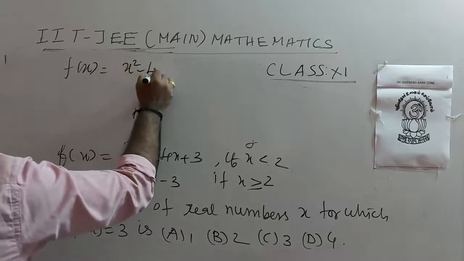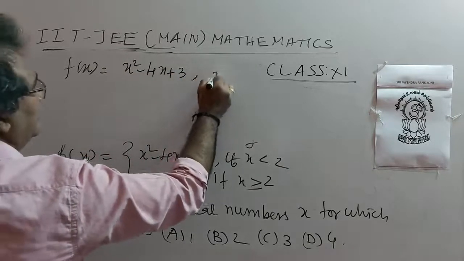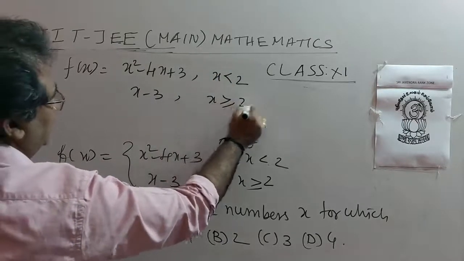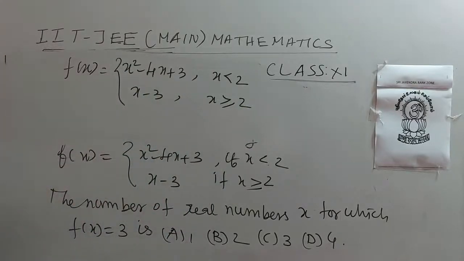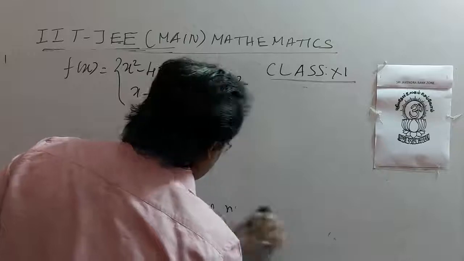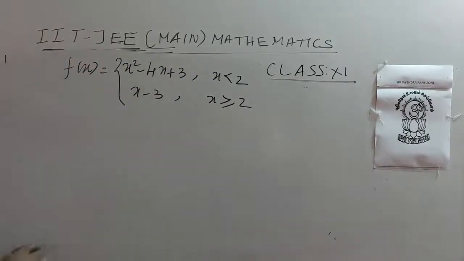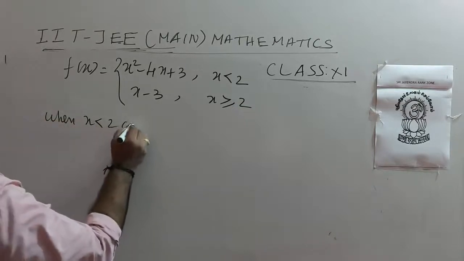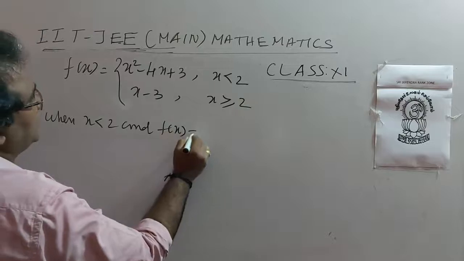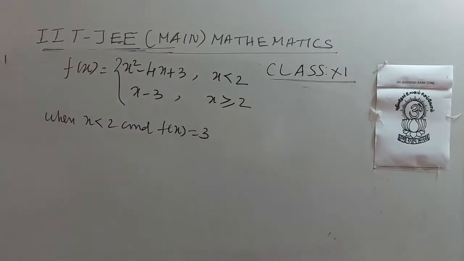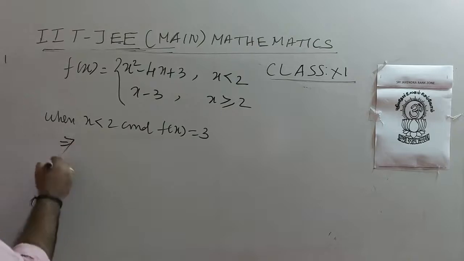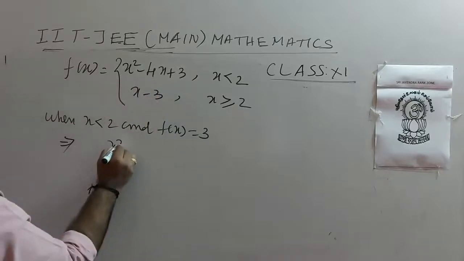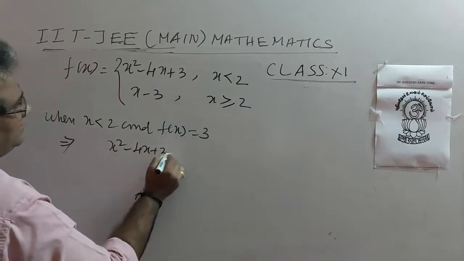x squared minus 4x plus 3 for x less than 2, x minus 3 for x greater than or equal to 2. So when x is less than 2 and f of x equal to 3, we have to consider this x squared minus 4x plus 3.